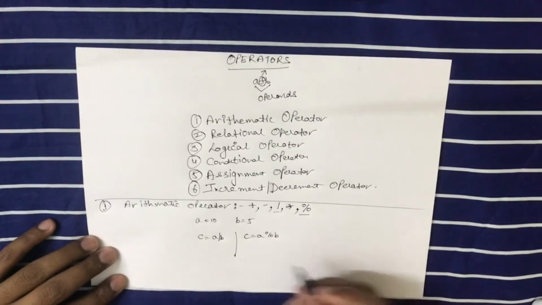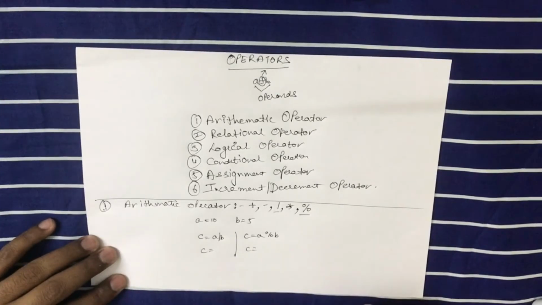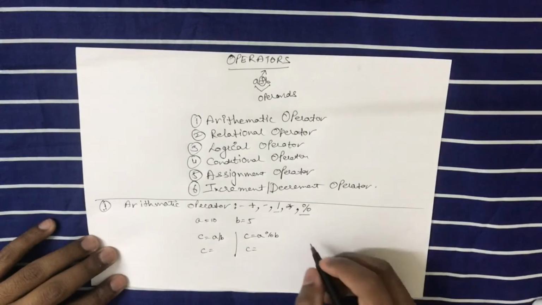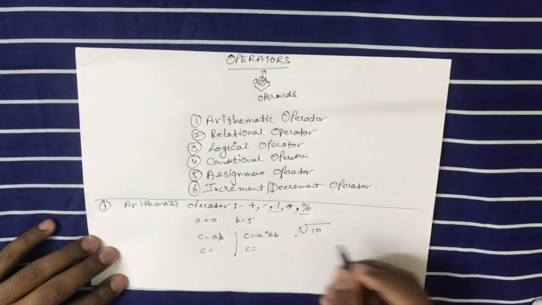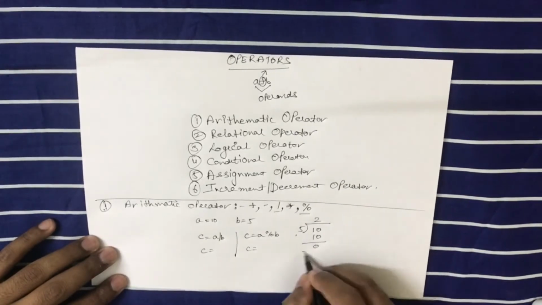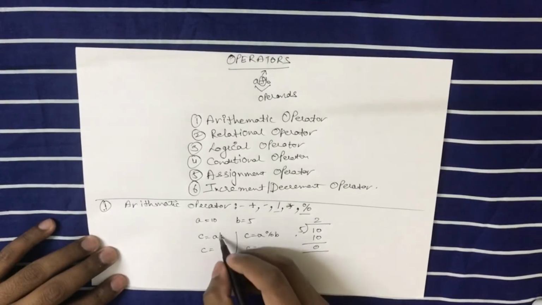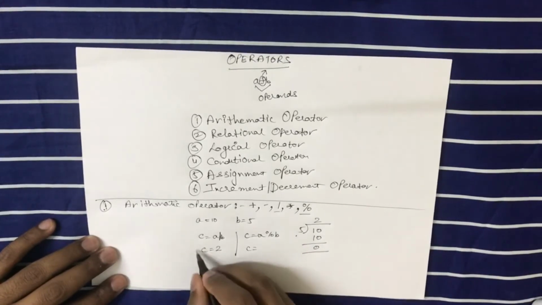These two perform the same action, which is division, but the question comes, what would be stored inside the variable c? Say if I do the division 10 by 5, the quotient would be 2 and the remainder would be 0. So if I use this symbol, in variable c, 2 would be stored, the quotient.